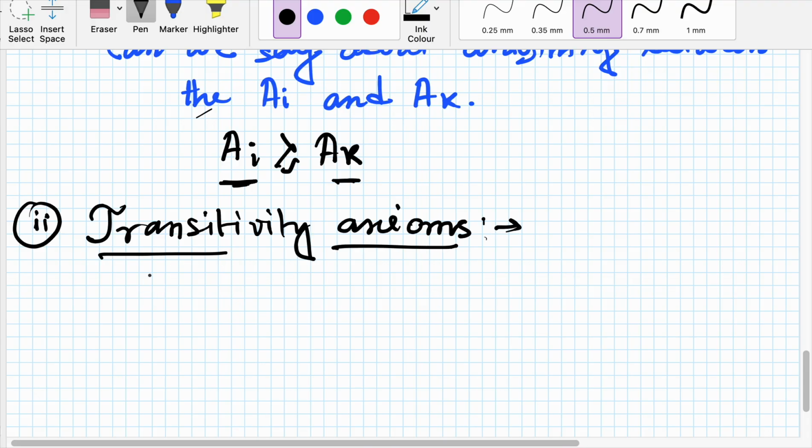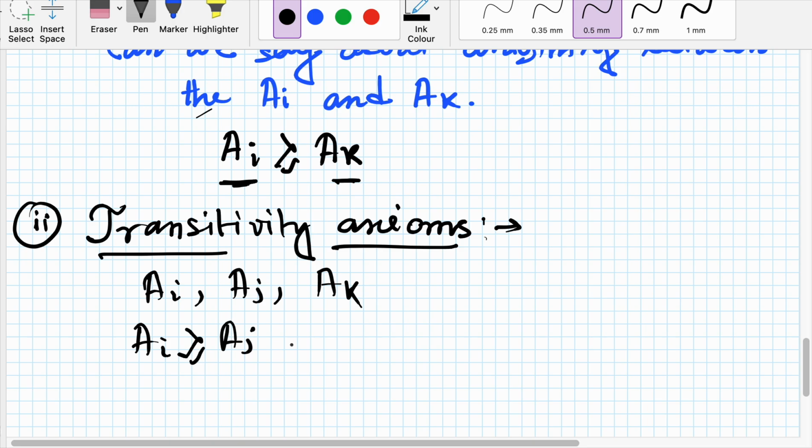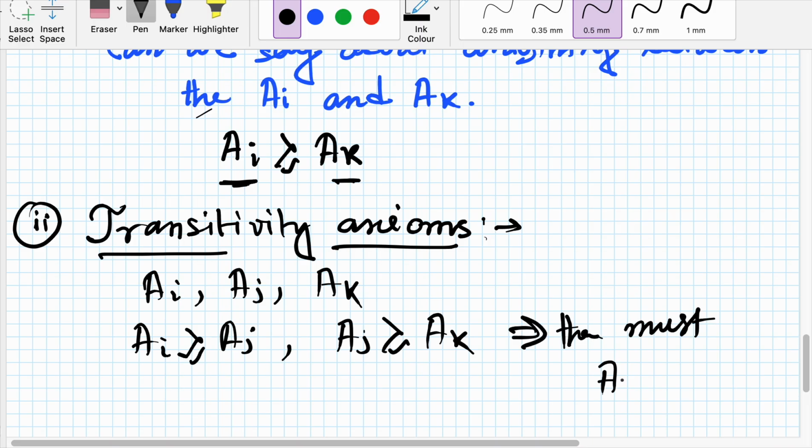So among three options AI, AJ, AK, if AI is preferred over AJ or indifferent, and AJ is preferred over AK, then AI must also be preferred over AK. So this is called transitivity. Now there is a caveat. So before going to the caveat, what is the implication of these two?